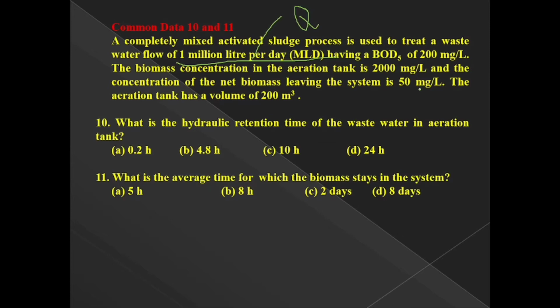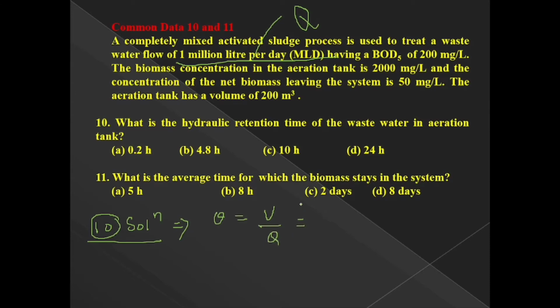50 milligram per liter. So first we have to calculate the hydraulic retention time. This is the solution of question number 10. As we know, theta is equal to volume per unit discharge.